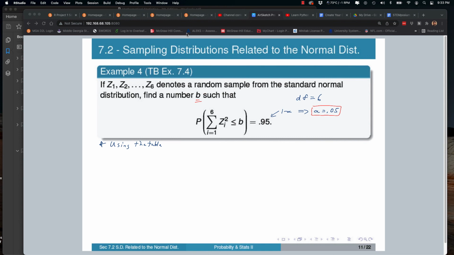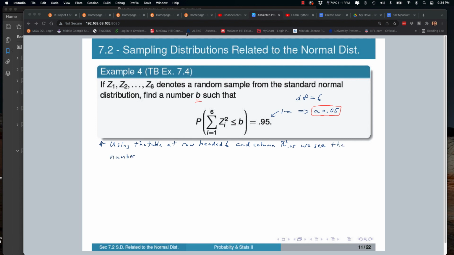Okay. So using the table, we're going to look at the row headed 6 and column chi-squared sub 0.05. All right, and we'll see the number.